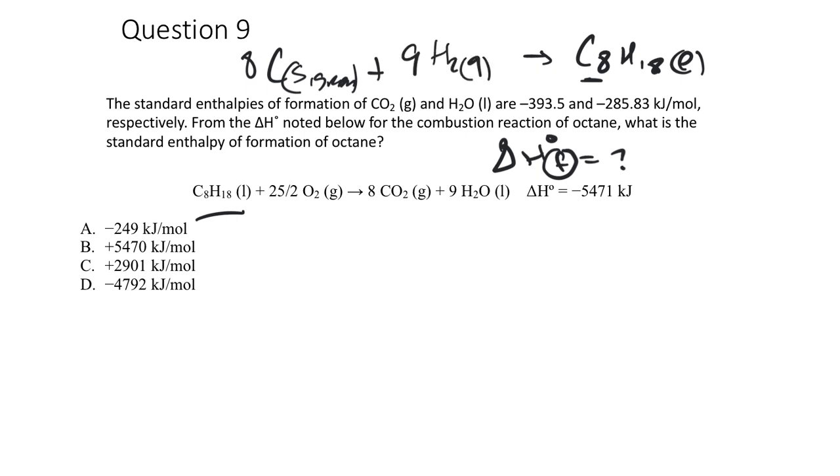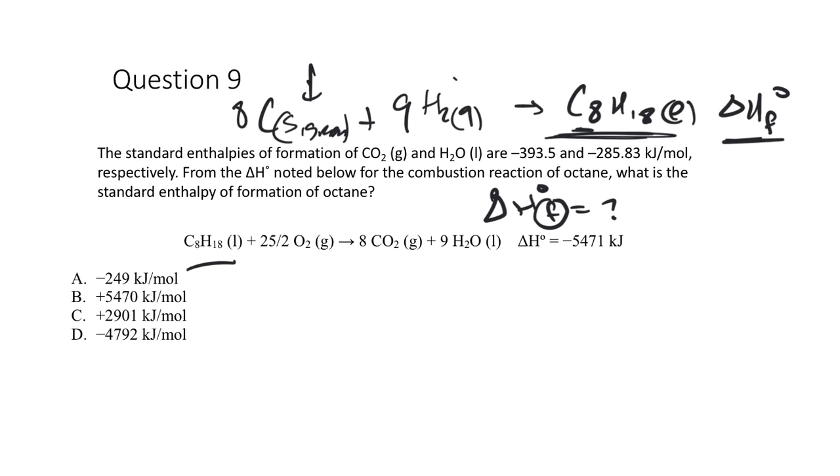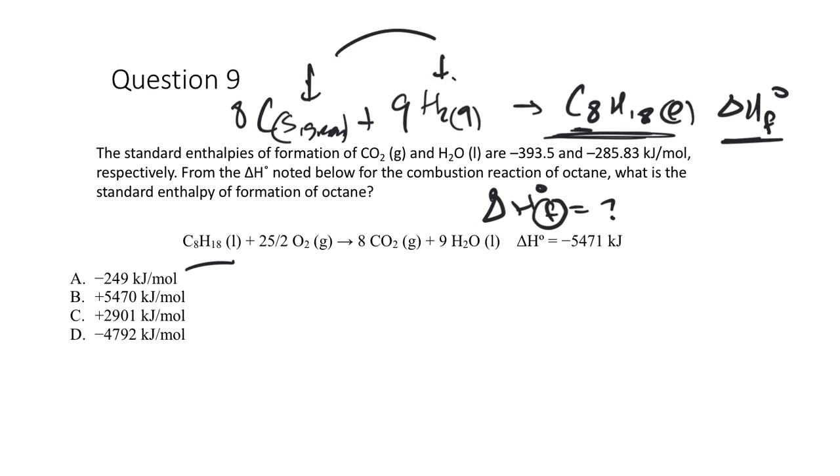And so this is the balanced formation reaction. The delta H of this reaction is defining the standard enthalpy of formation of our compound, because the delta H of the reaction would be the delta HF of this guy minus 0 minus 0. Because elements in their standard state are defined to have 0 delta HF.